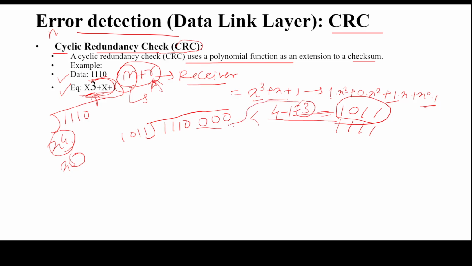So 3 zeros we have already appended. If the divisor is given in binary format, total number of bits minus 1 is what we have to add into the data. Now this divisor and dividend we have to solve here.